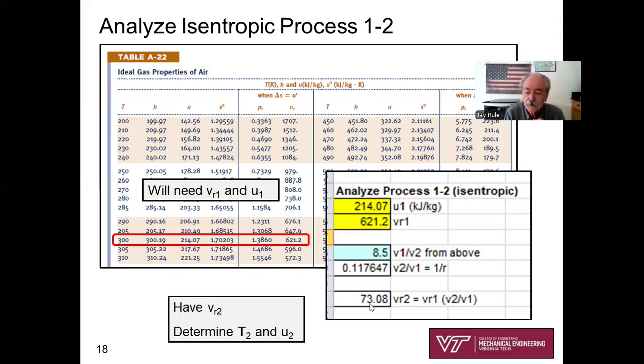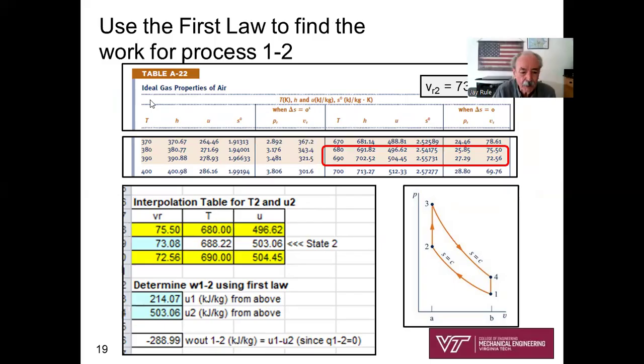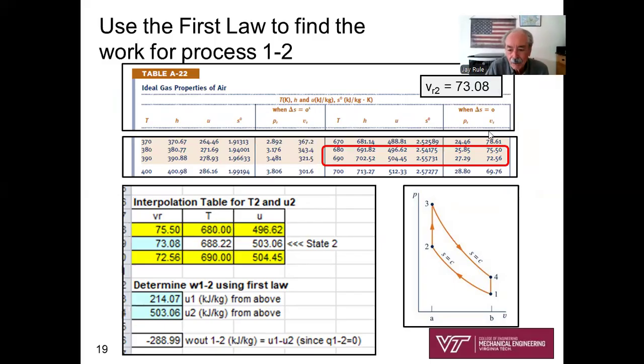Okay, I've got VR2. So now what's next? Now that I've got VR2, what do I do with it? I go back to table A22 and find the temperature and internal energy associated with VR2, which is 73.08. Here's VR over in the right half of the table, and I'm in between these two numbers.